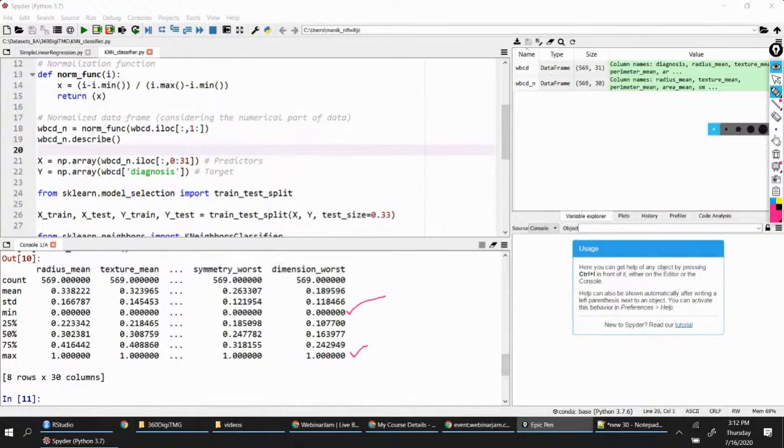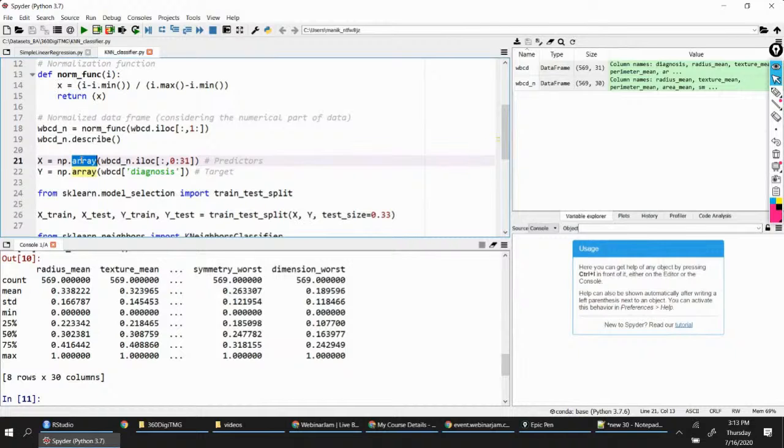Next, I'm converting this data into an array format. Array is nothing but a multi-dimensional vector, right? So here I'm converting that into two parts. The entire data is getting split into two parts: input array and output array. Output array is, of course, univariate data.